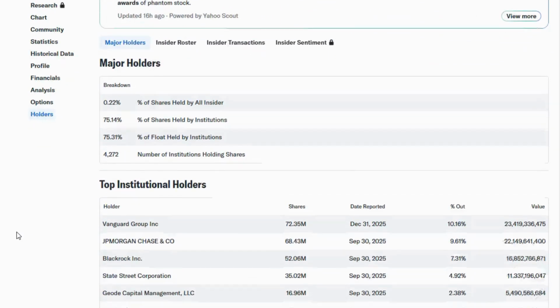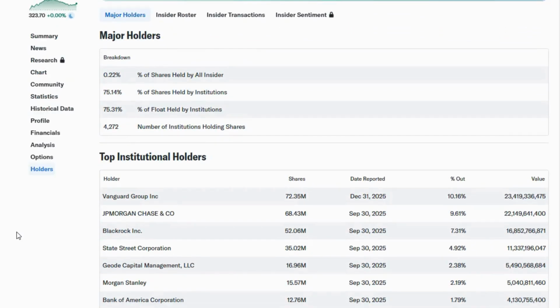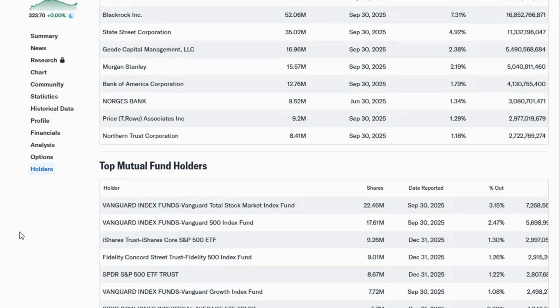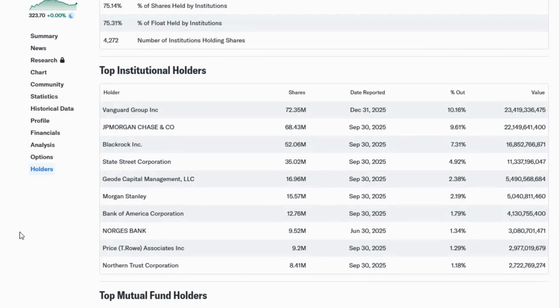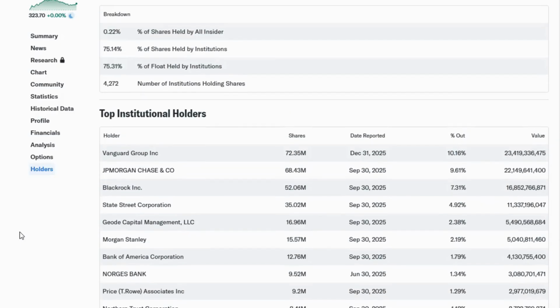On the Holders tab, you'll find information about the company's major shareholders, including top institutional and mutual fund holders. For example, institutions hold about 75.14% of McDonald's shares.